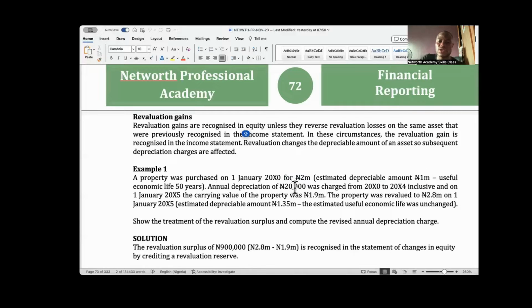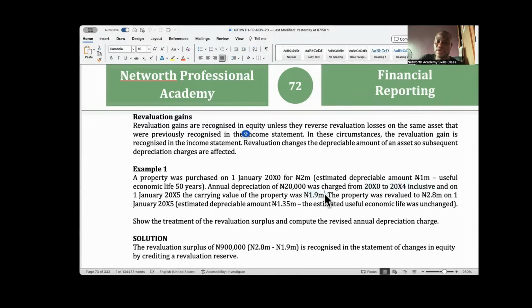They now told us that annual depreciation of 20,000 was charged from 2000 to 2004, and on 1st of January 2005, the carrying value of the property was 1.9 million, which is after 2004.